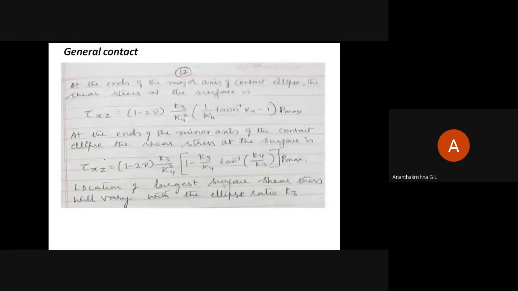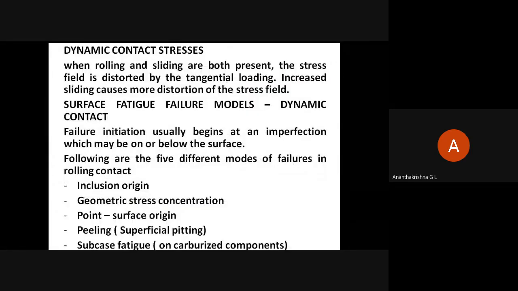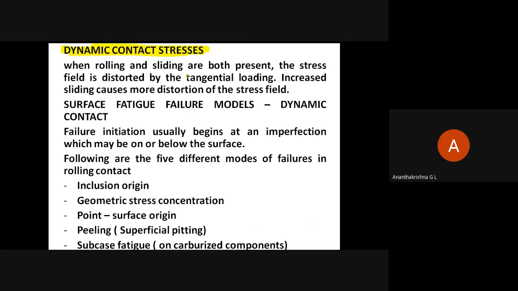And that is about the contacts. Now we have to study dynamic contact surfaces. This is another important topic, the second part of module 5: the dynamic contact stresses. What are the stresses that are developed and how to overcome them? When rolling and sliding are both present, the stress field is distorted by the tangential loading.